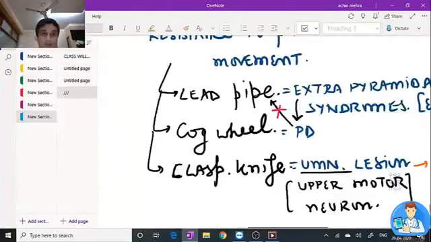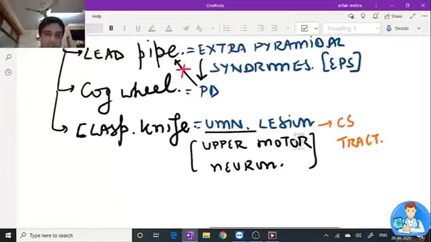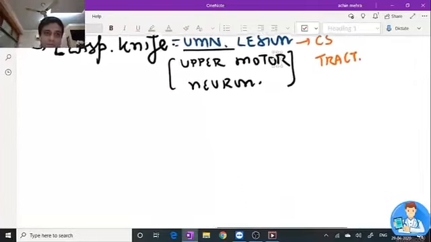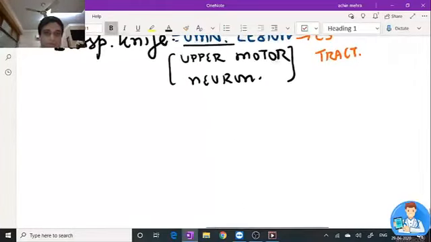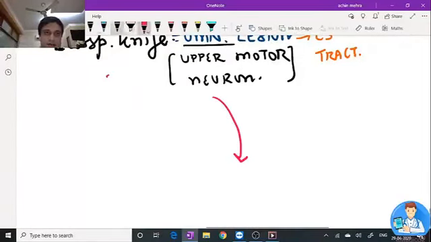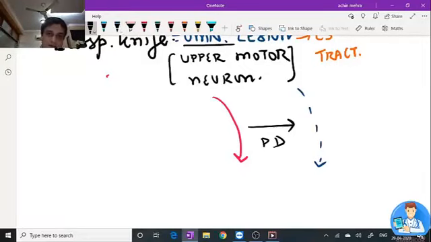Okay. Now, I'll show this in a very simple diagram. It is the same throughout, great. But in patients with Parkinson disease, it comes with a gap in between. Look at this now. It is the same throughout, that is lead pipe rigidity.